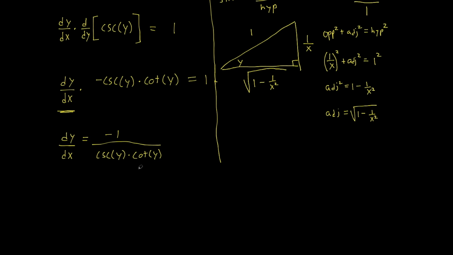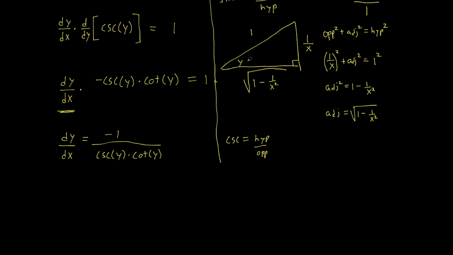Keep in mind, what we're solving for is cosecant y times cotangent y, and we want to put that in terms of x. So cosecant, from earlier we remembered that cosecant is equal to hypotenuse over opposite.